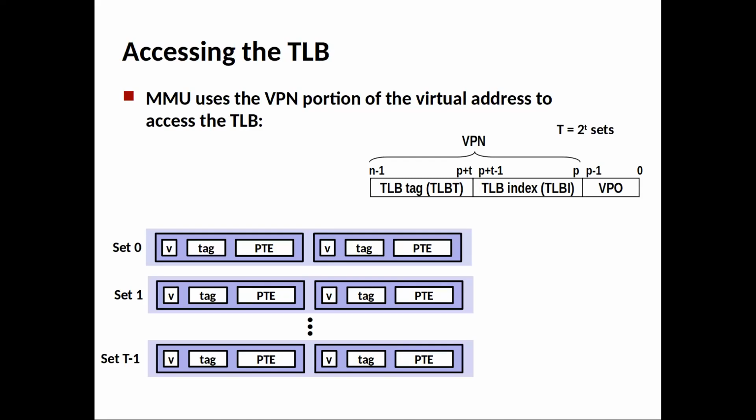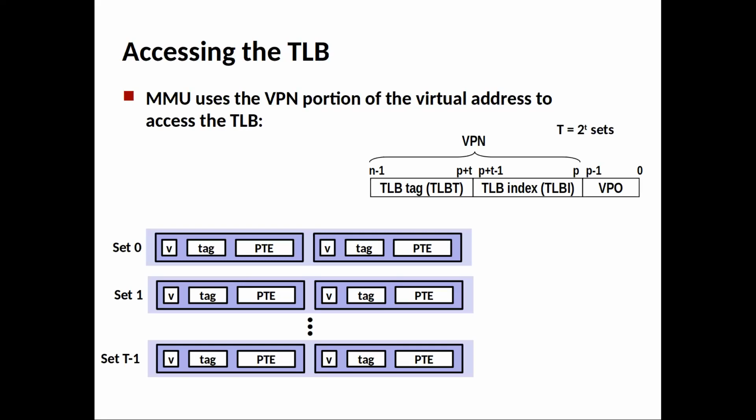So now let's say you have page size 4096. That is 2 to the power of 12. So you have bits 0 to 11 as the virtual page offset. And then let's say you have 16 sets in the TLB. That's 2 to the power of 4, so T equals 4, right? So we'll have from 12 to P plus T minus 1, which is going to be 12 plus 4, 16, minus 1, 15.